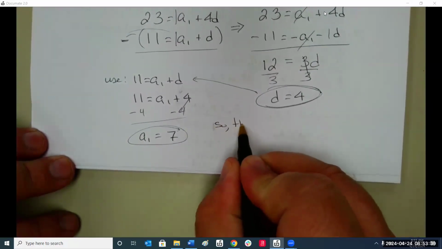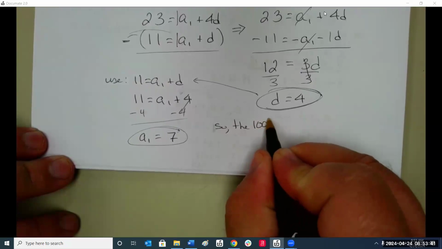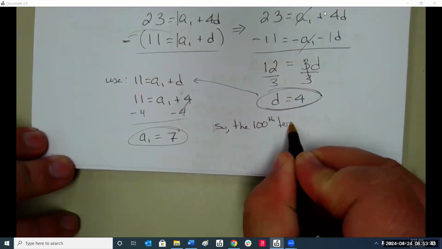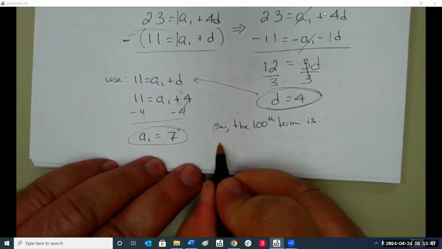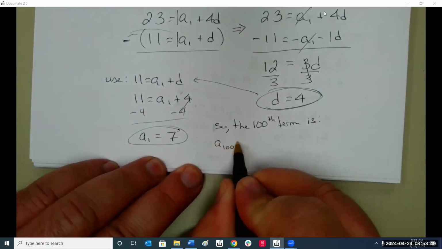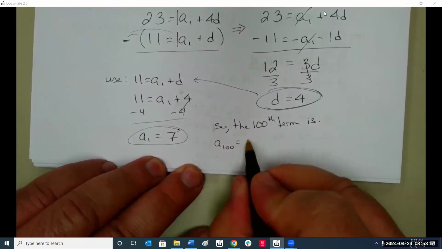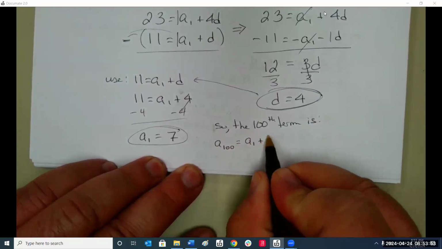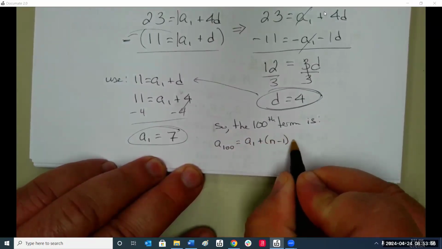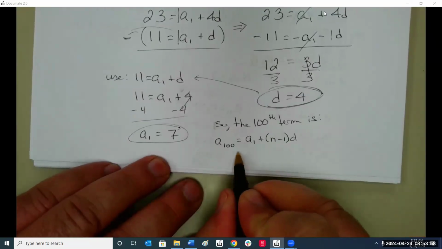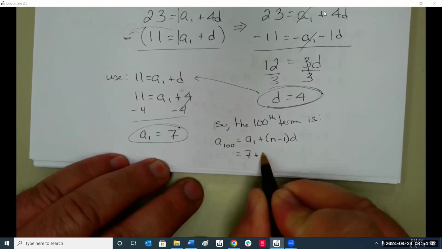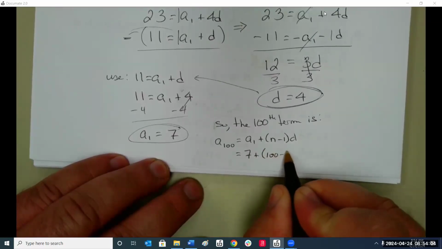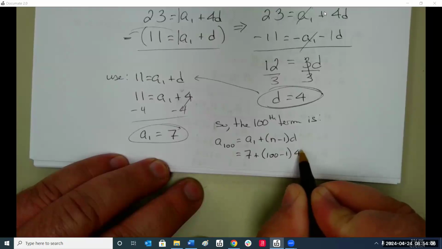So the 100th term is a sub 100 equals a1 plus n minus 1 times d. A1 is 7. 100 minus 1 times 4.